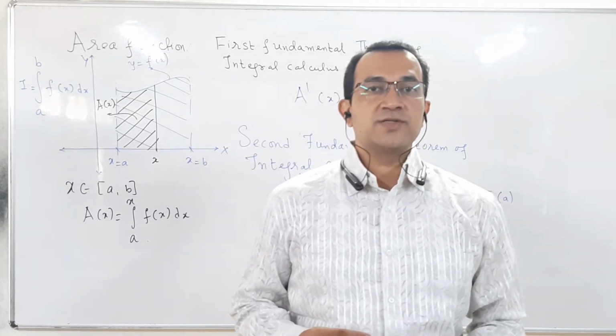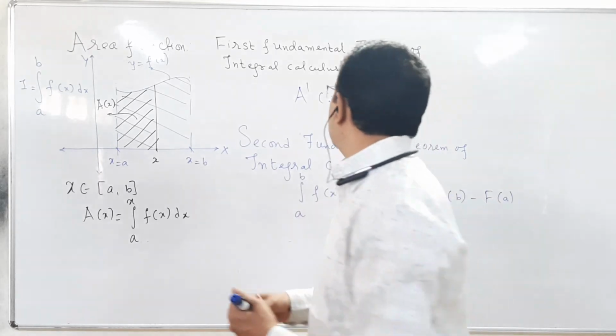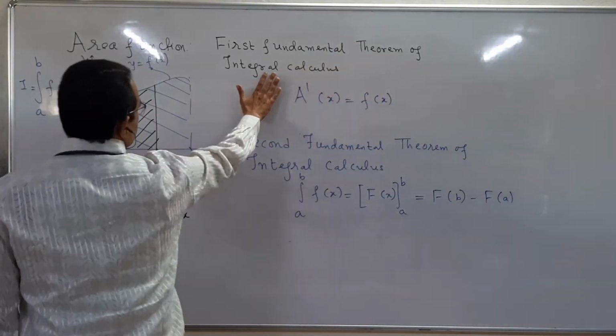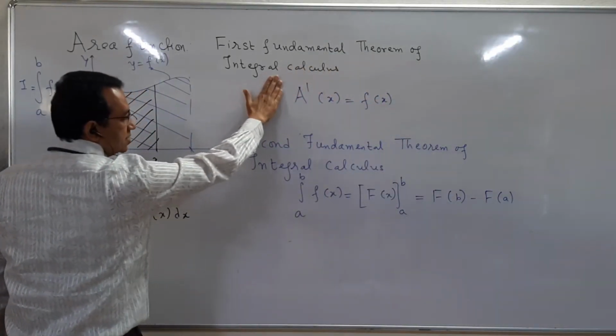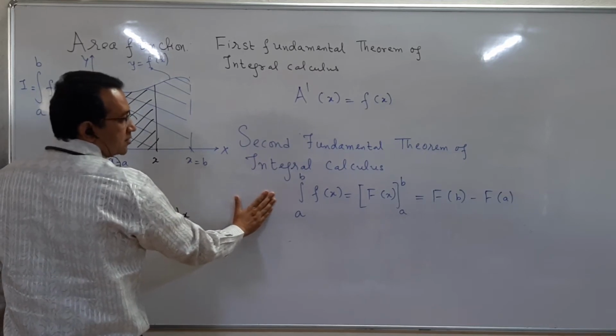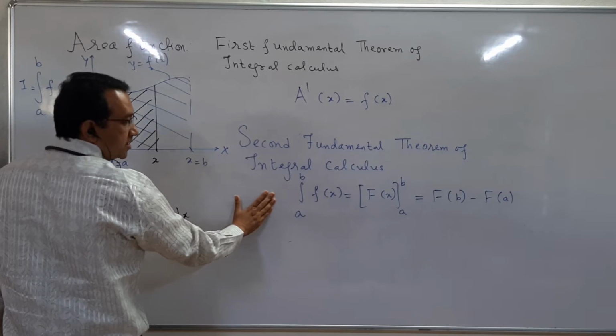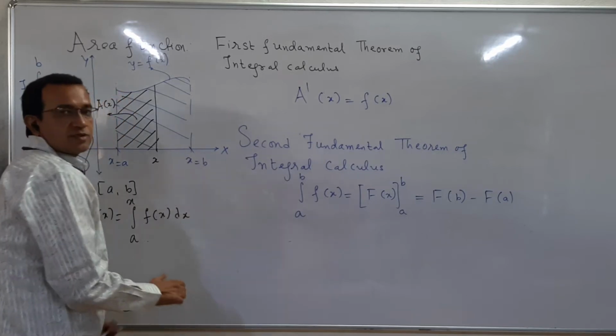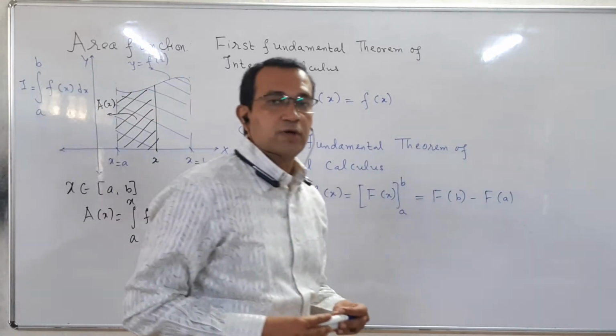So as such, students, we have two fundamental theorems of integral calculus. One is based on the area function and the other is based on the value of the integral, where the answer is obtained as the integral at the upper limit minus the integral at the lower limit.